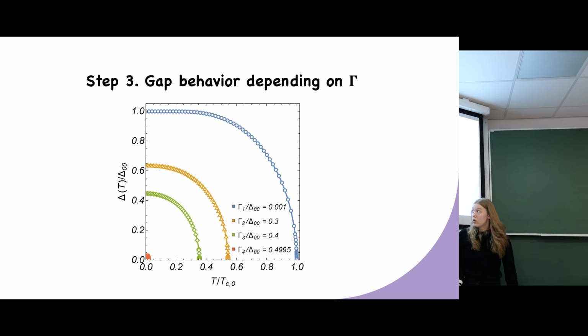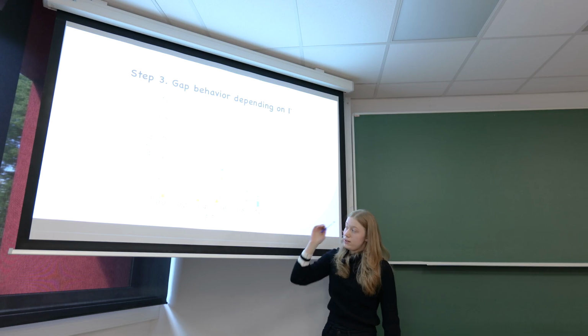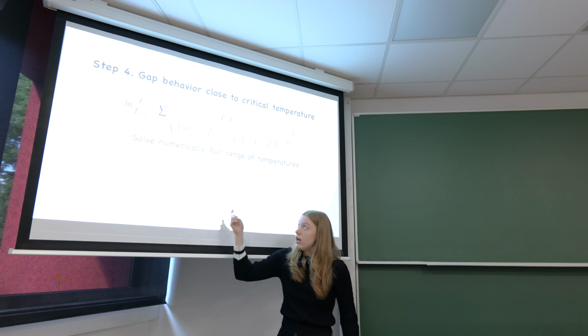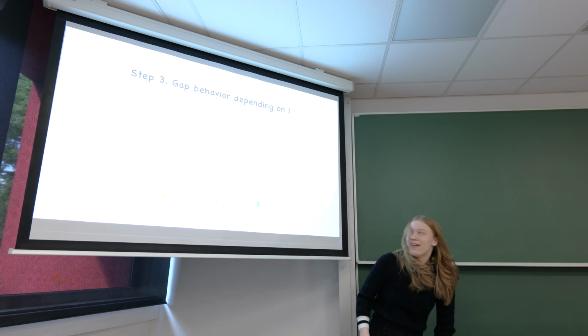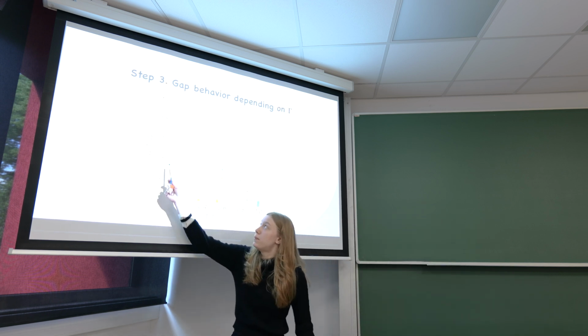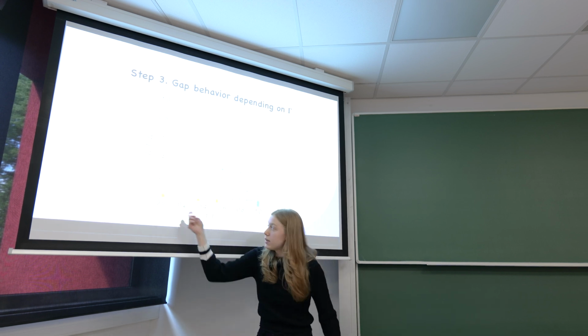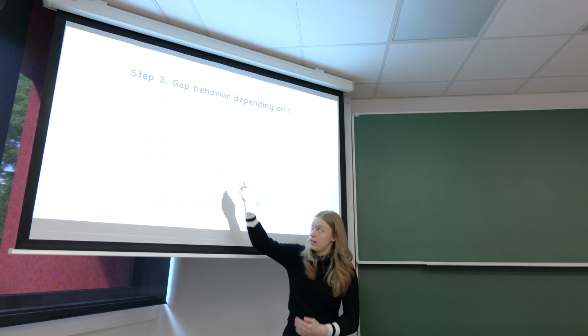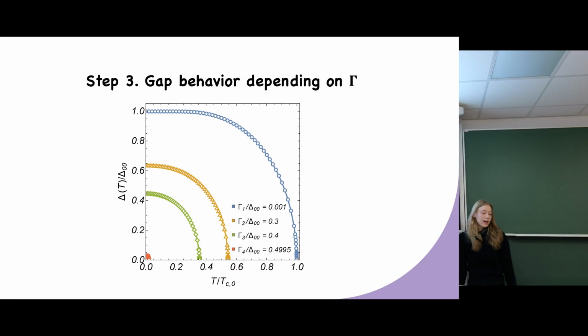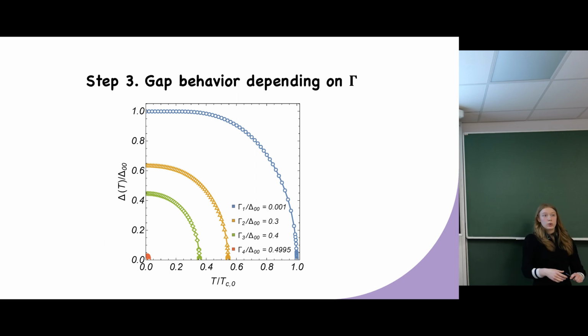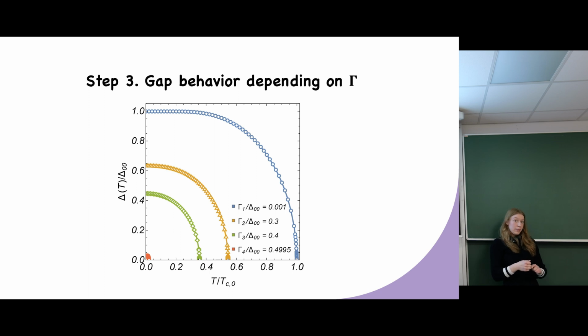Now, let us increase our gamma, and we see that the temperatures ratio is a bit less than 0.6, and the deltas ratio is a bit more than 0.6. So the temperatures ratio tapers faster than the energy gap ratio. Okay, so with the help of the analysis of that r coefficient, we can say how the gap will behave depending on gamma.